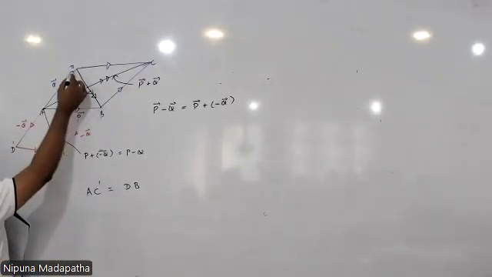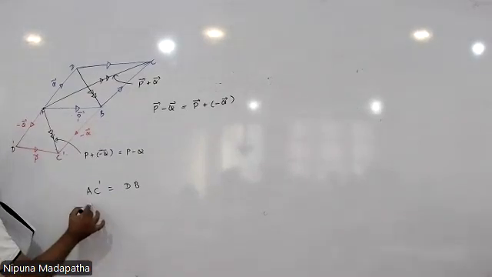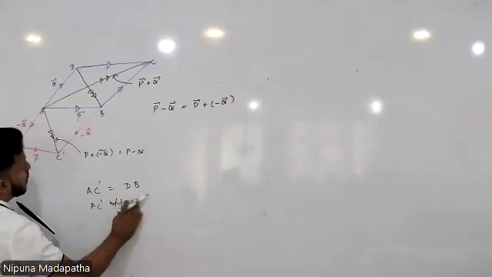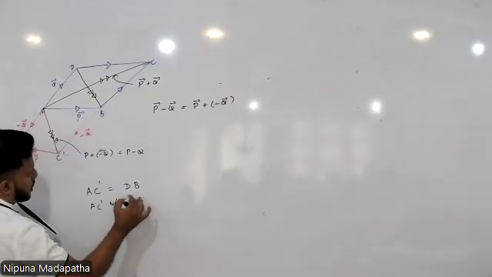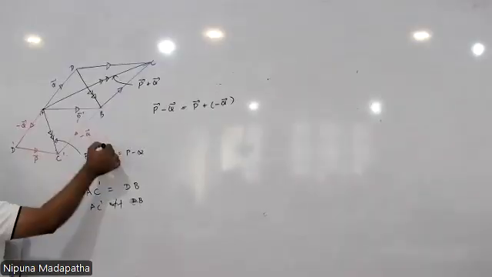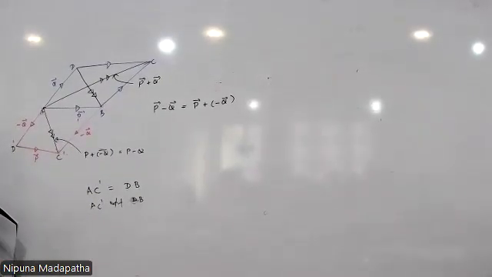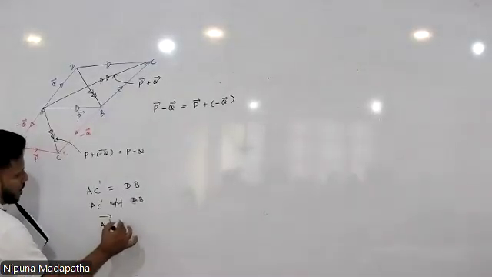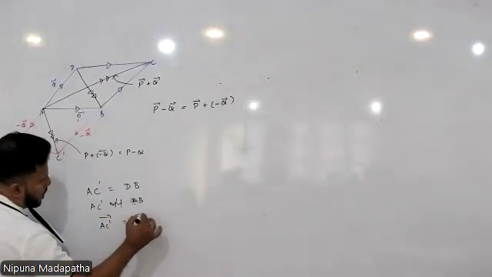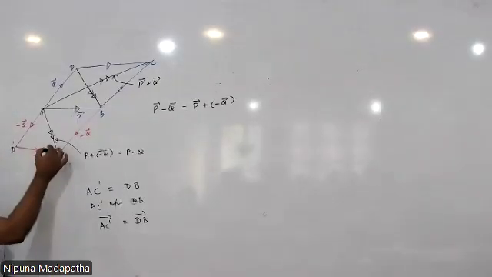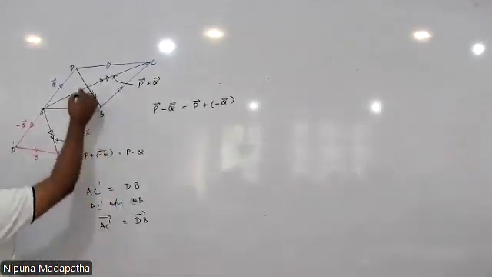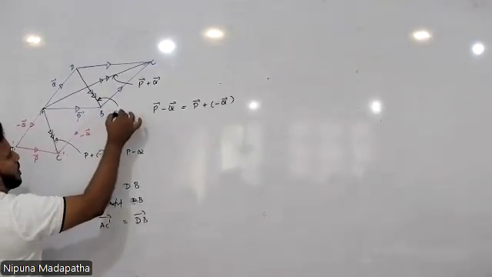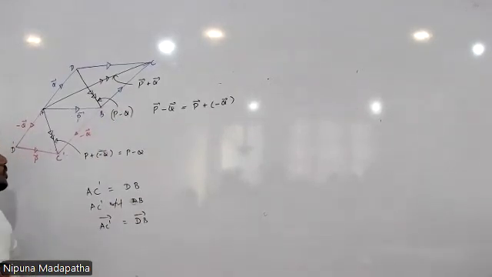The lengths of the diagonals are equal, and also they are parallel, with the same direction, which means the AC dash vector is equal to the DB vector. So the DB diagonal represents the subtraction between the vectors.